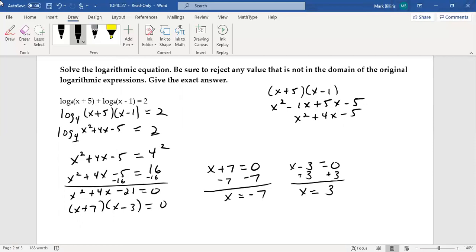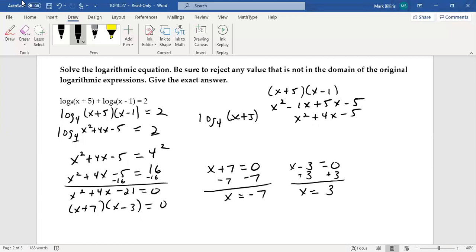So keep in mind you need to check to make sure that your answer doesn't make either one of your arguments less than or equal to 0. So when I plug negative 7 into either my original or my second step, notice what happens. Here I have the log base 4 of x plus 5 as my first term.